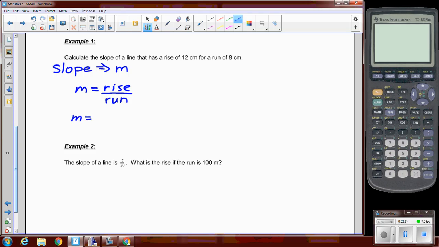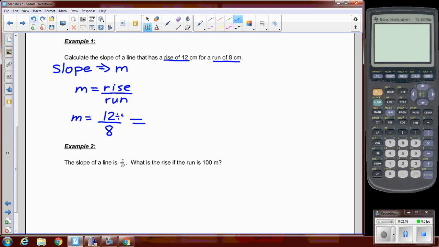So our slope, if we read the question, has a rise of 12. So rise is the numerator here. A rise of 12 and a run of 8. That's 12 eighths. That means whatever we're talking about, this line goes up 12 units for every 8 that it goes across. We could put this into simplest form.